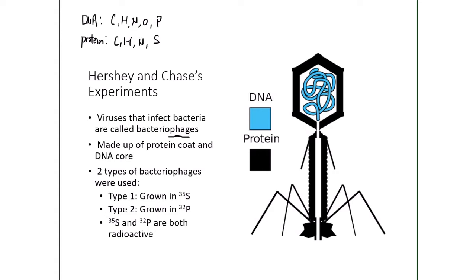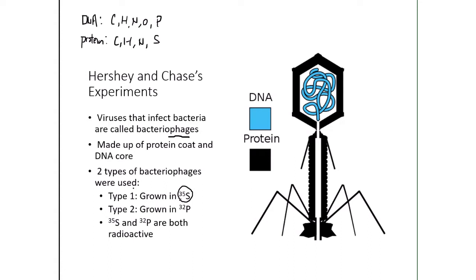So Hershey and Chase grew the bacteriophages in different radioactive isotopes. One type of phage was grown in radioactive sulfur, called sulfur 35. Radioactive just means that you can detect them, because they constantly give off radiation.